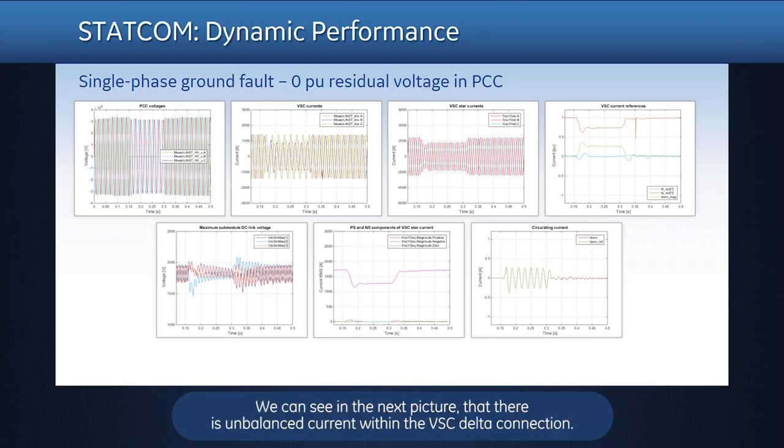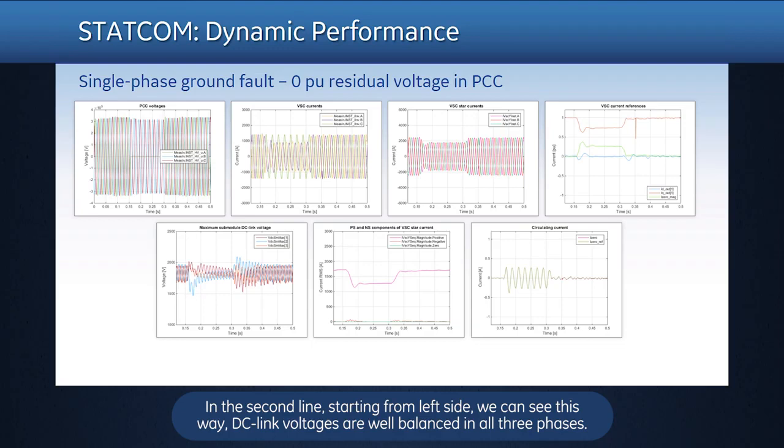We can see in the next picture that there is unbalanced current within the VSC delta connection. However, Statcom star currents in the third graph are well balanced, since the Statcom control system responds, limiting positive sequence reference and circulating current inside VSC delta connection, the fourth graph. In the second line, starting from the left side, we can see this way DC link voltages are well balanced in all three phases.